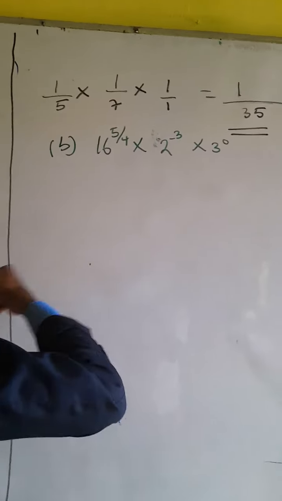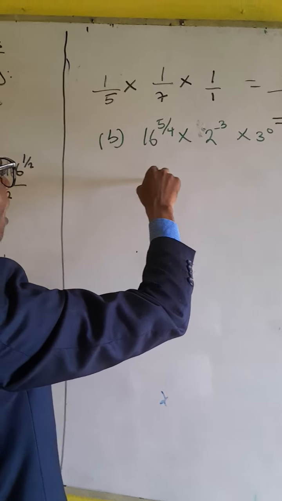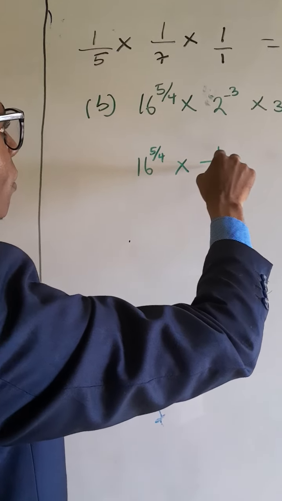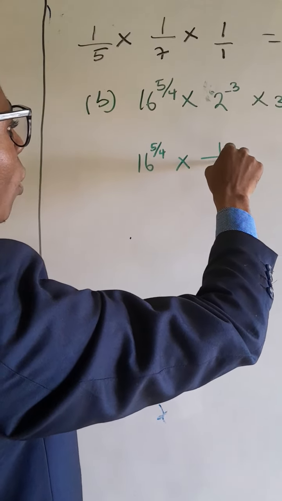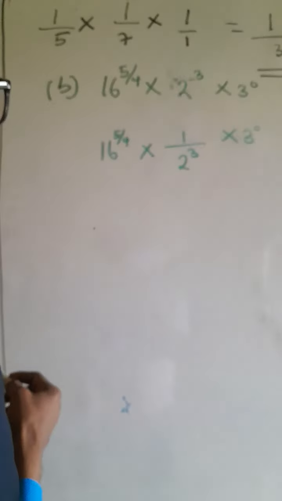Now I can still write this as 16 raised to the power of 5 divided by 4 times 1 all over 1 divided by 2 raised to the power of 3 times 3 raised to the power of 0.